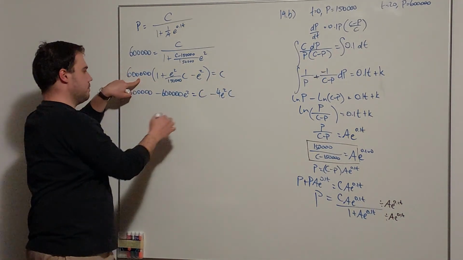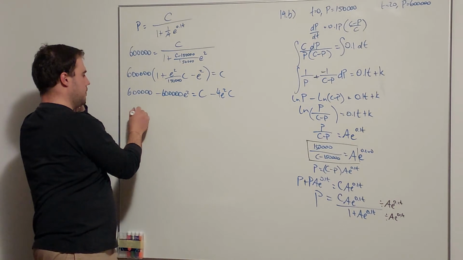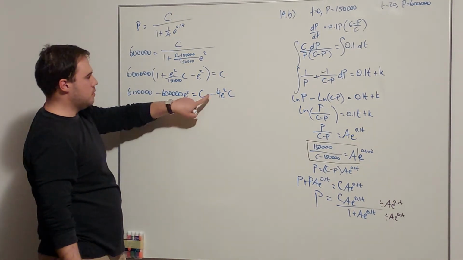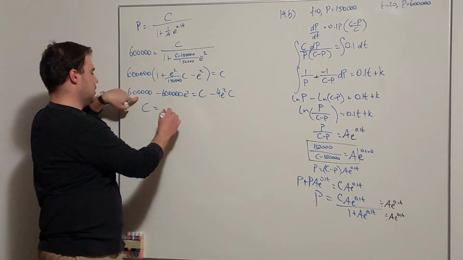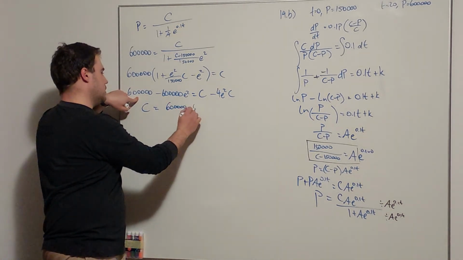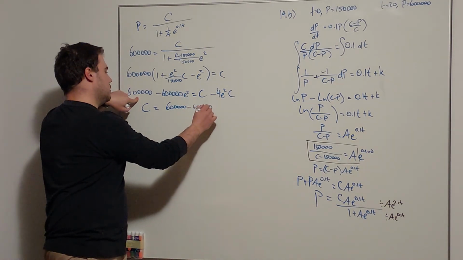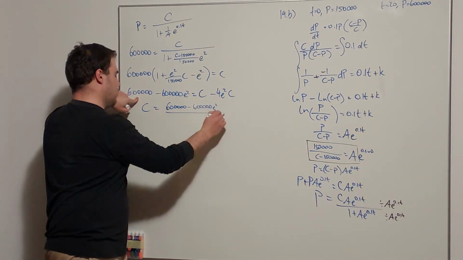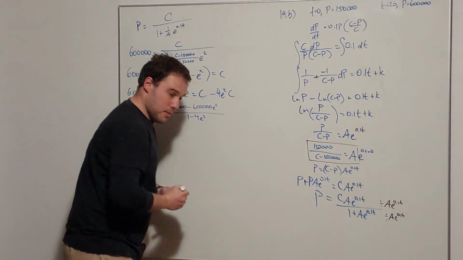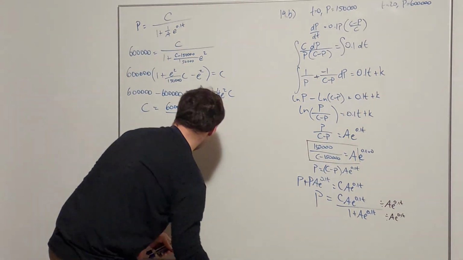Lots of C. Now if I write this one to the left and take out a common factor of C, 1 minus 4e squared, we're going to get this whole thing 600,000 minus 600,000 e squared, all on 1 minus 4e squared, which hopefully is a million and a bit, whatever the question asks.